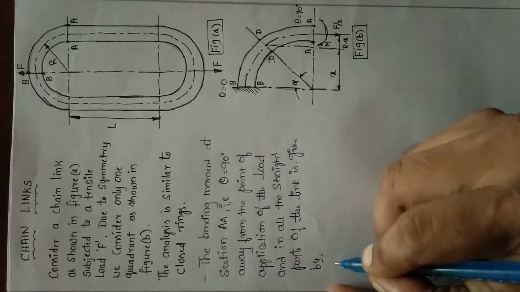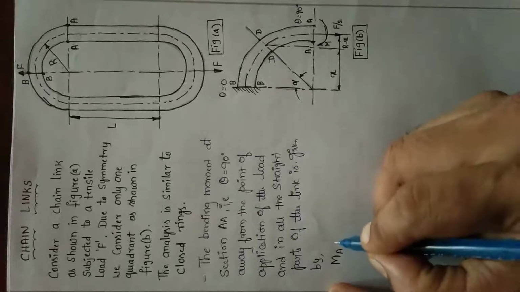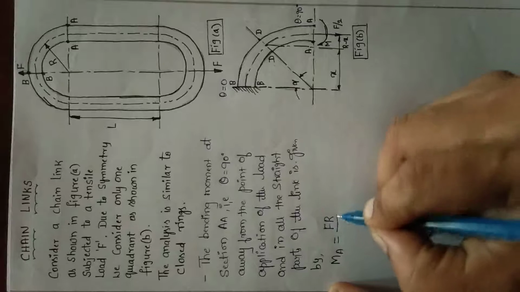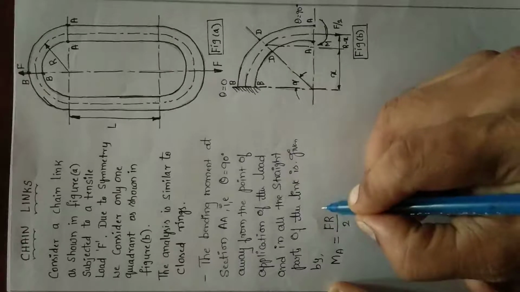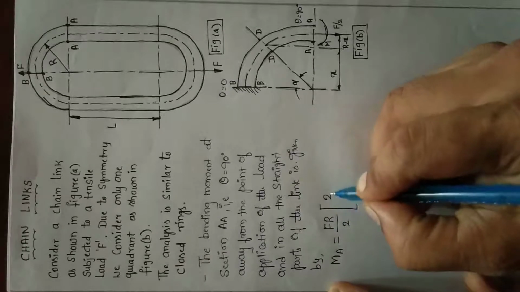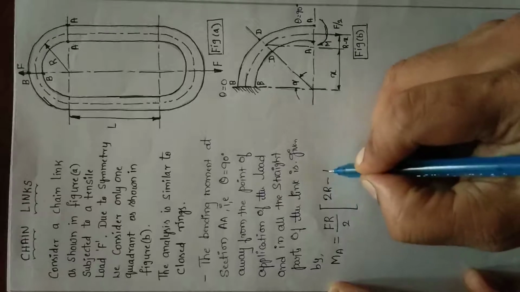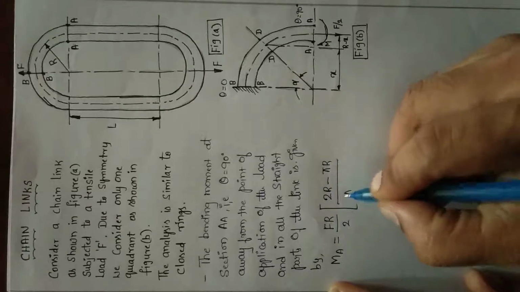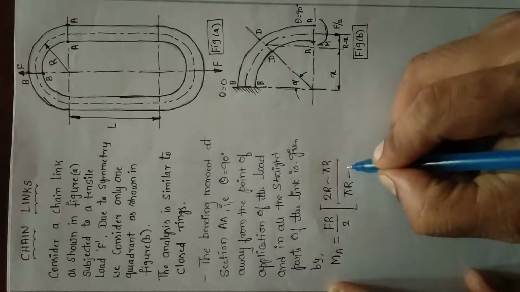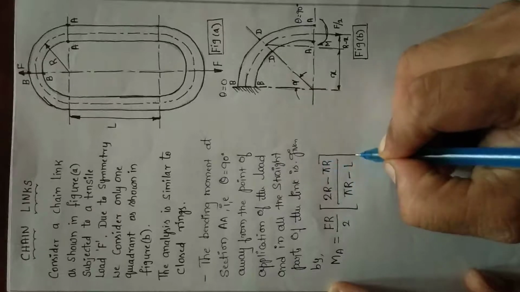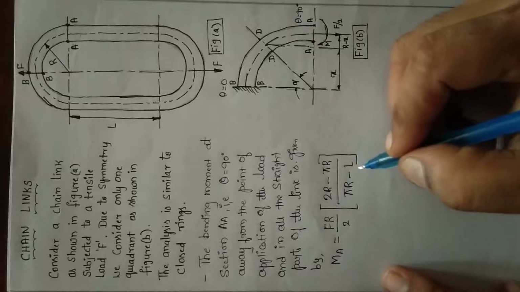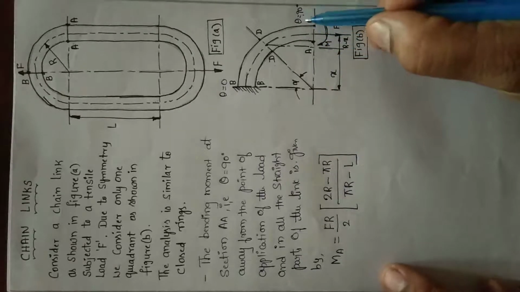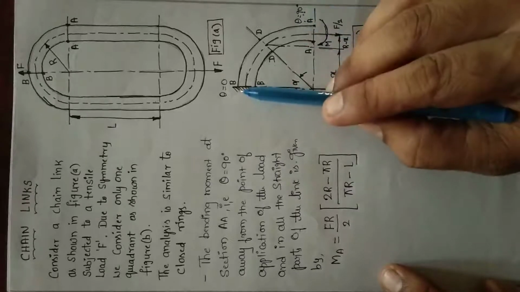the formula: moment at section AA will be FR by 2 times (R minus pi R) divided by (pi R plus L). This is the formula at section AA when theta is 90 degrees, far away from the load.